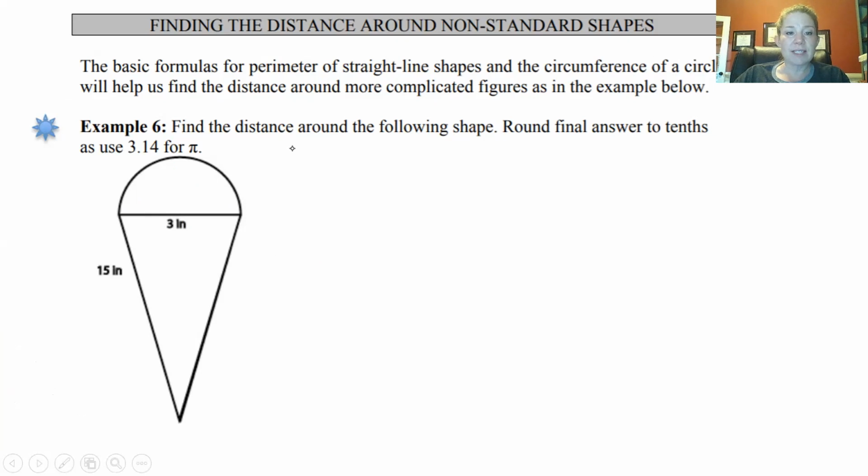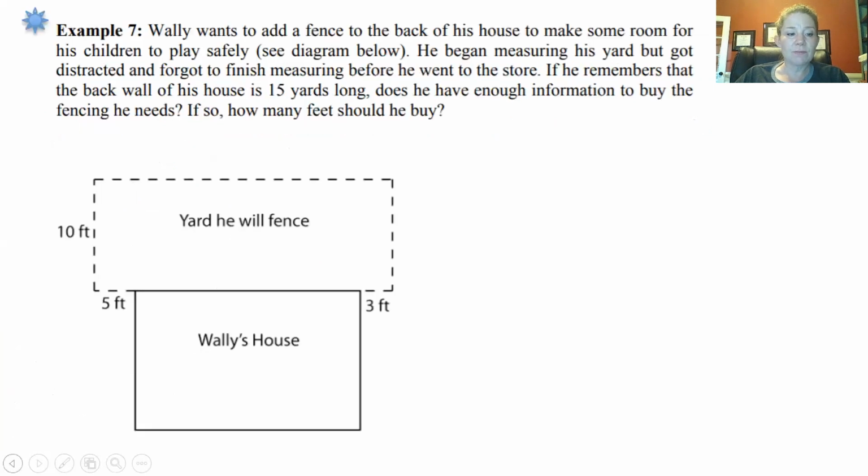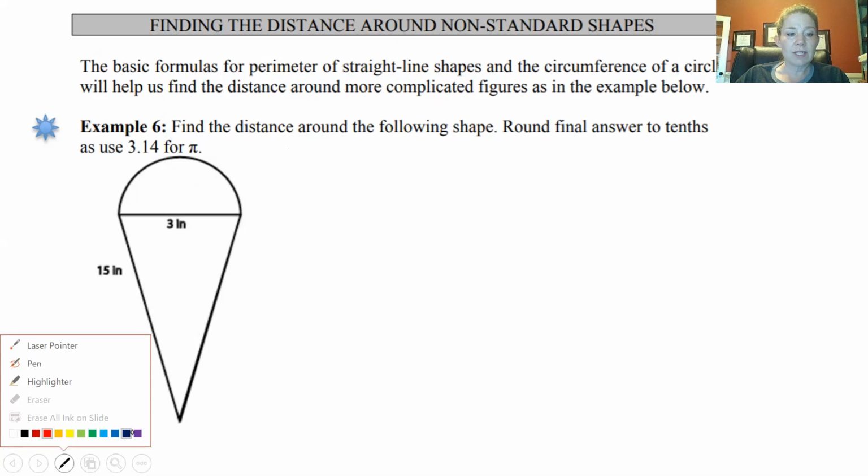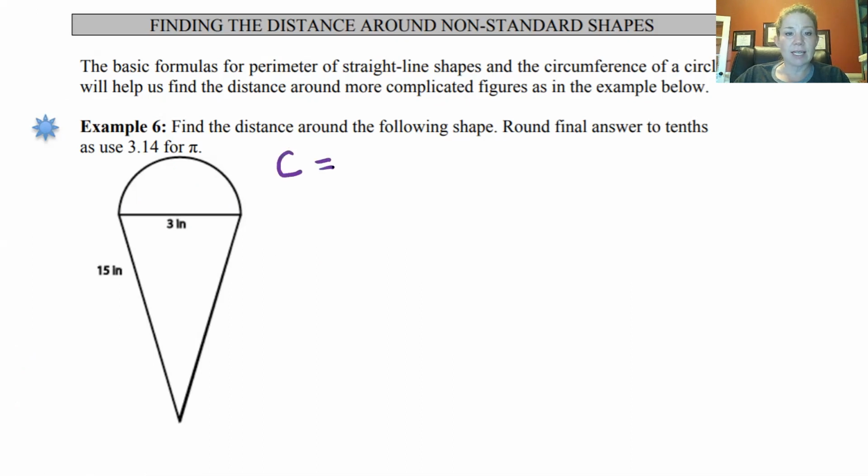So circumference is found, what is going on? Circumference, remember, is pi times diameter, or 2 pi r, right? But 3 is going to be the diameter of a whole circle.